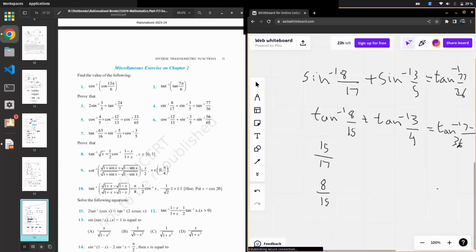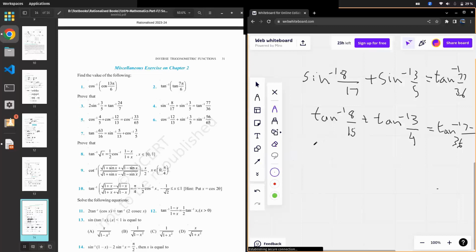For proving it, since 8 by 15, 3 by 4 and 77 by 36 are all positive, we can apply tan on both sides to prove this.